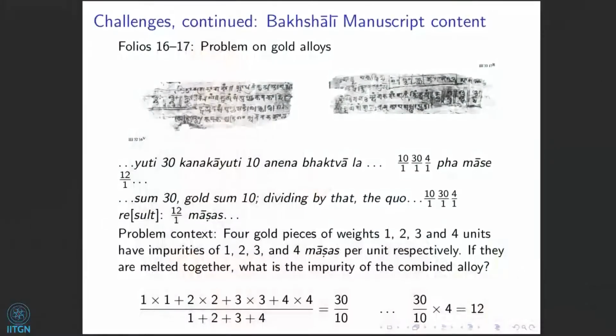And this is an example involving alloys of gold. So these 4 gold pieces of weights 1, 2, 3, and 4 units have impurities of 1, 2, 3, and 4 mashas per unit of adulteration per unit respectively.